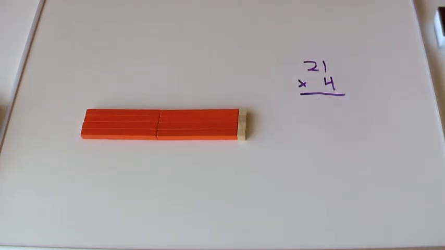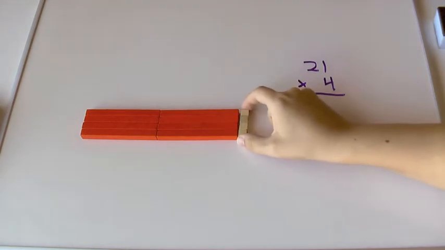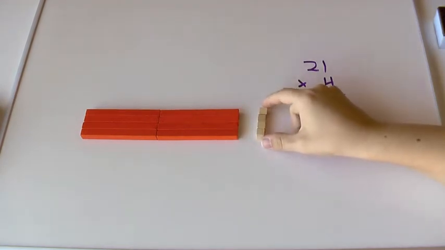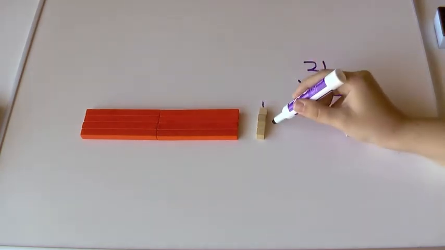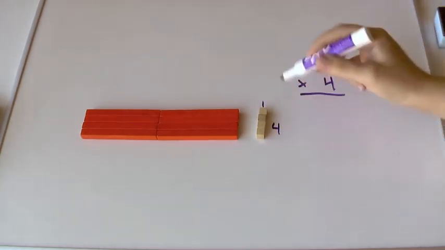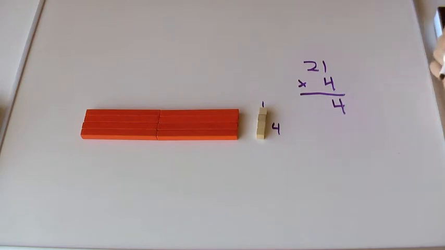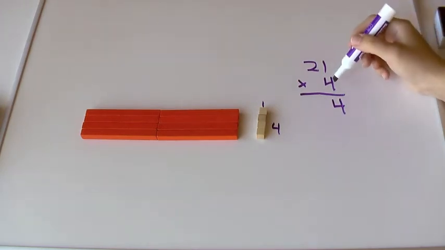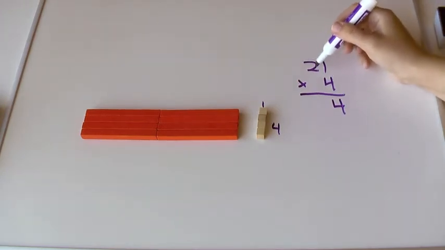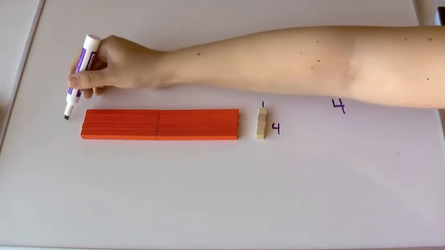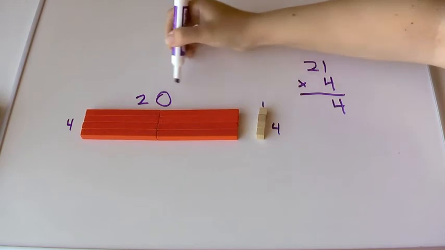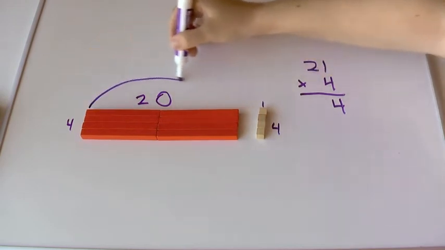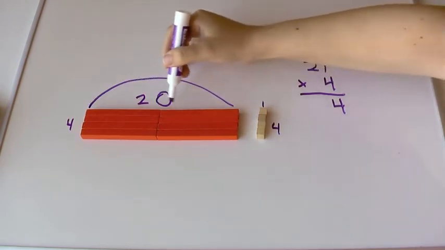So for this one, 21 times 4, first we're going to do 1 times 4. We have a rectangle here with 1 on that side and 4 on that side, and altogether that is 4. Okay? And then we're going to do 4 times 20. We have 4 on this side, and we have 20, all of that is 20, 10 and 10.